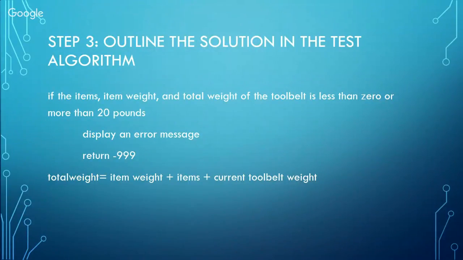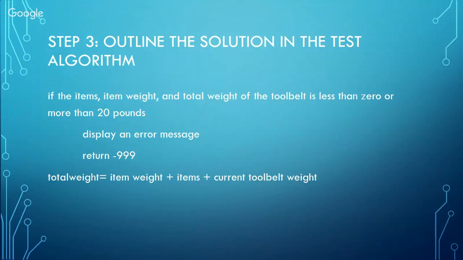So the third step is to clearly outline the solution in a test algorithm. That's easiest done by using pseudocode rather than trying to go straight to writing the final code.